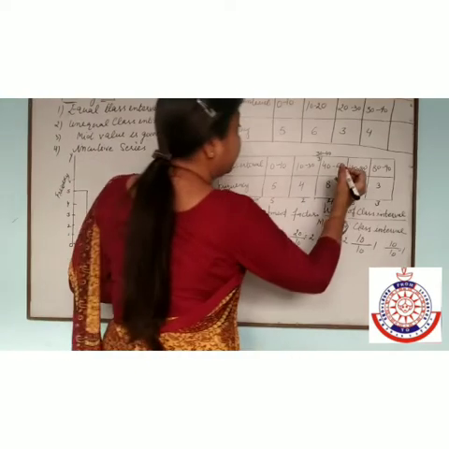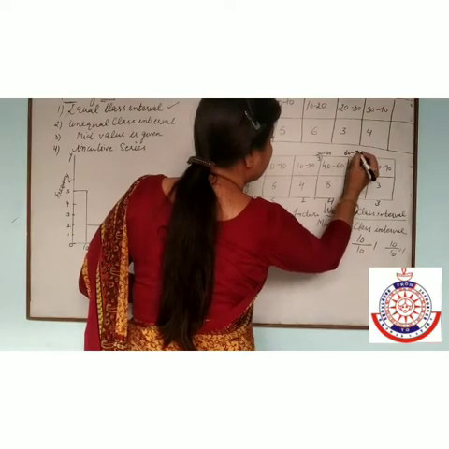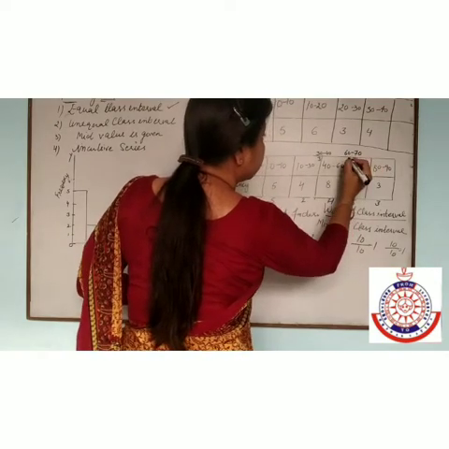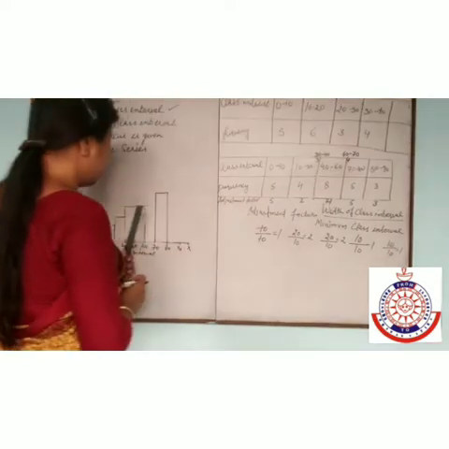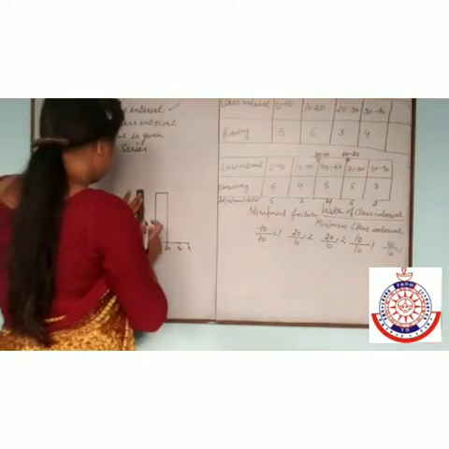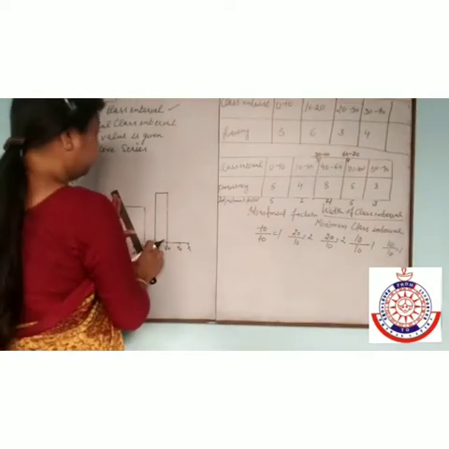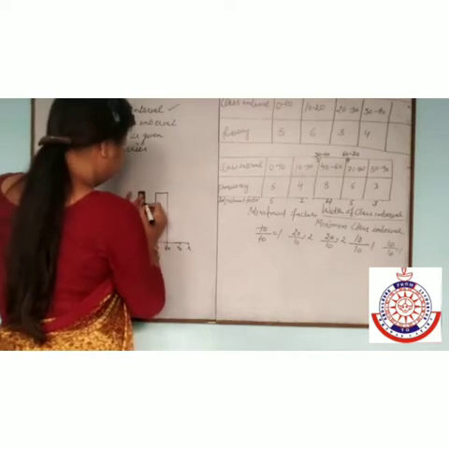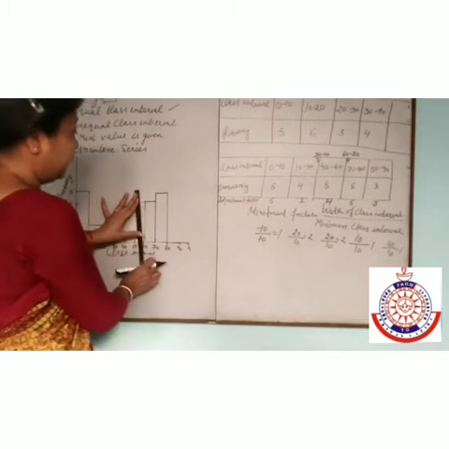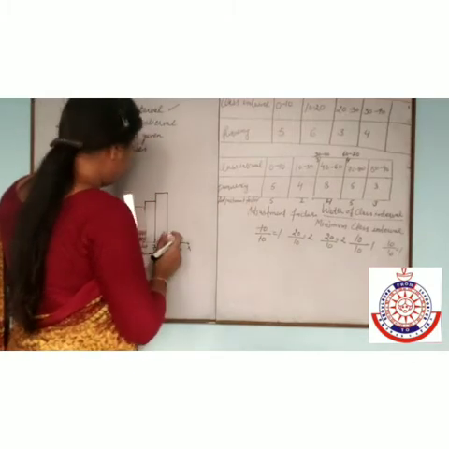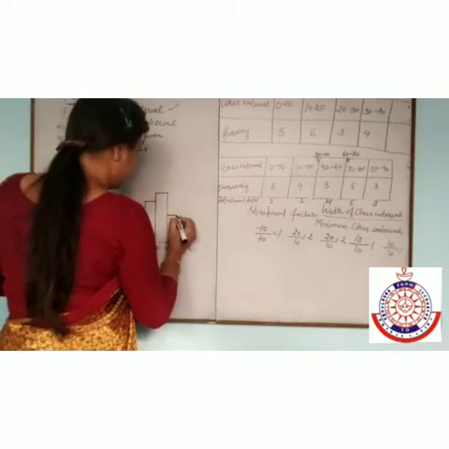Here also we will take 60 to 70, that is equal to 4. And last is 80 to 90, that is equal to 3.